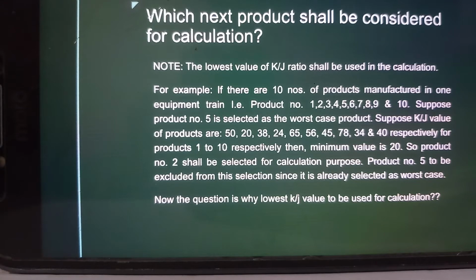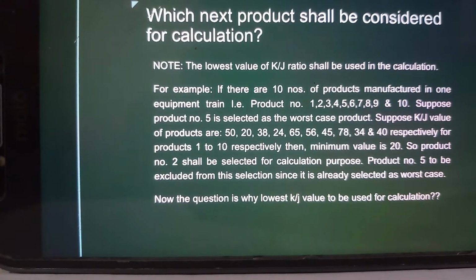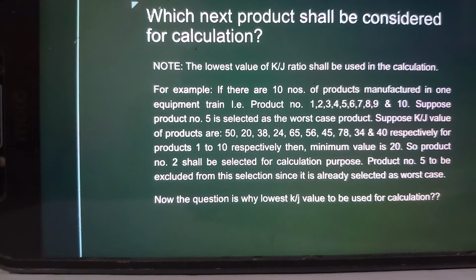So now the question is which next product shall be considered for calculation. This is the formula, but for calculation purpose, the product from the product matrix that will be selected is the one having lowest k by j ratio in the calculation.